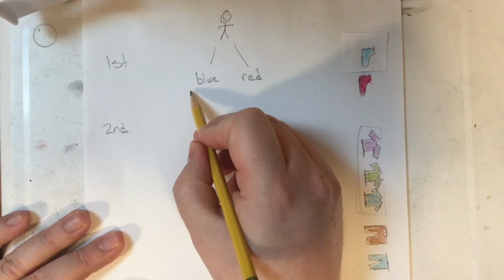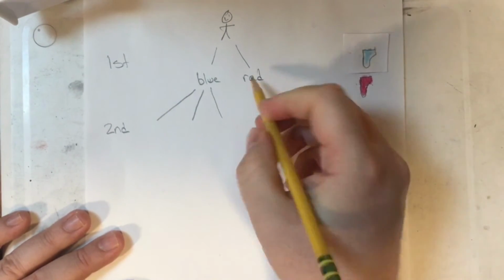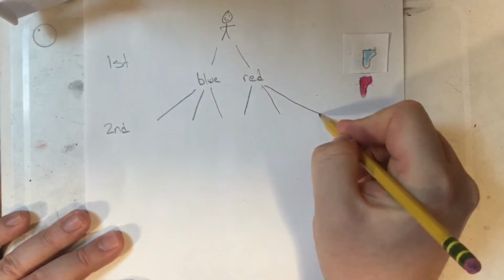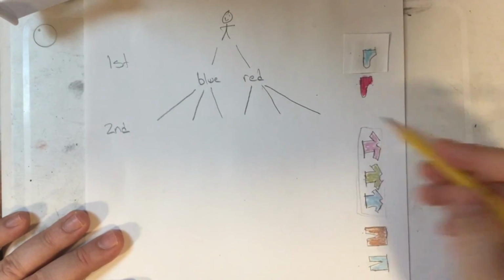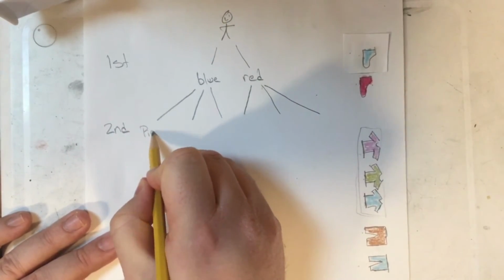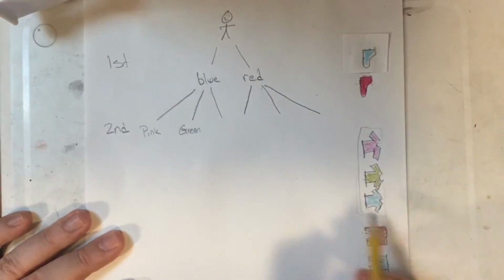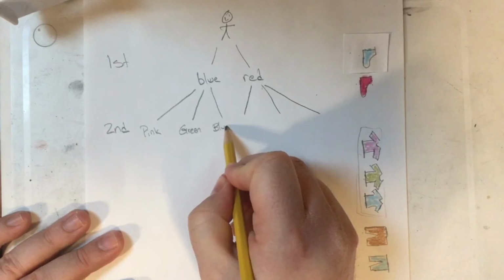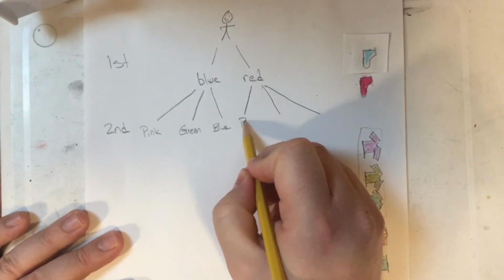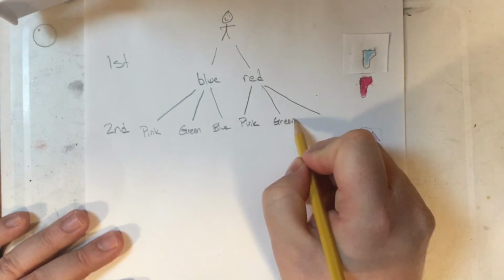So I'm going to make 1, 2, 3, and 1, 2, 3 branches because there are 3 shirts. There is pink, green, or blue. If he picks a red pair of shoes, he could have the same set of combinations here.